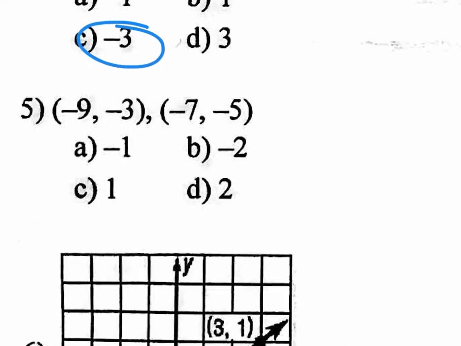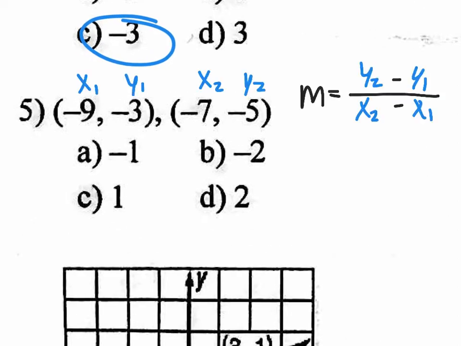So let's find the slope using the slope formula. So of course we're going to simply plug in our values. So y2 is negative 5, y1 is negative 3, x2 is negative 7, x1 is negative 9. The reason why we do the divisions and the subtractions first is so we could clearly see the minus minus that have to change to plus plus.